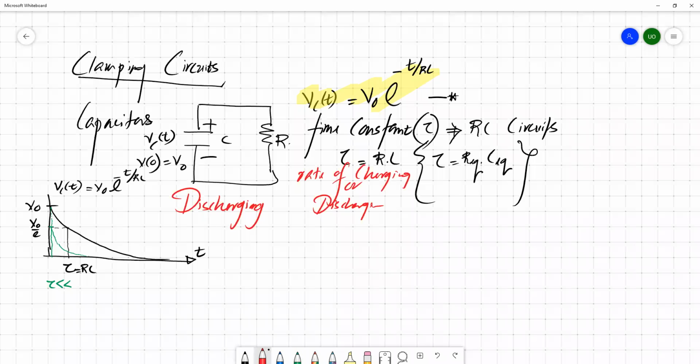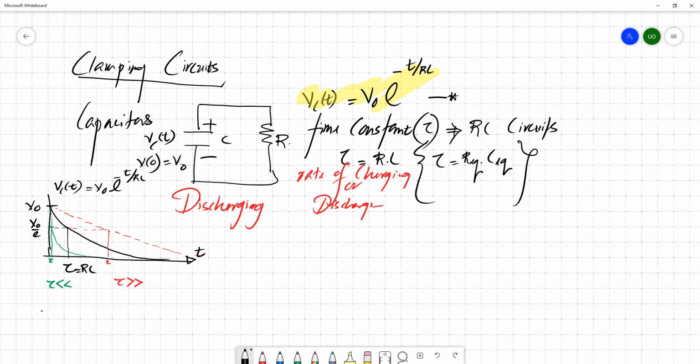If you have a much larger time constant, the discharging is something like that, and the time constant will be somewhere here. By looking at these three curves, we can come to a conclusion.